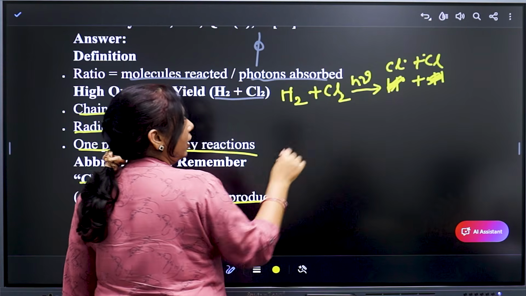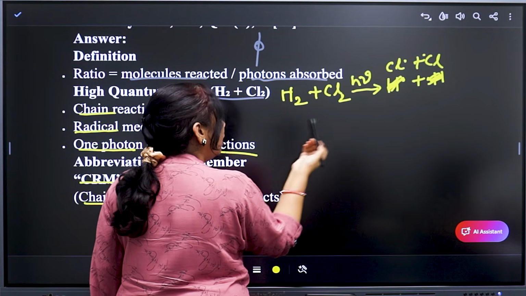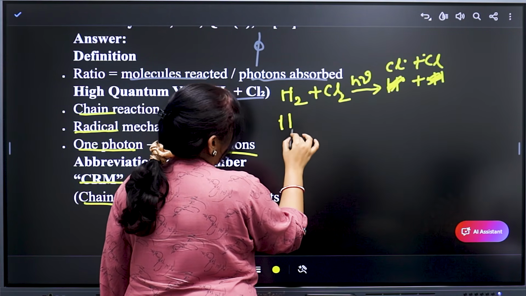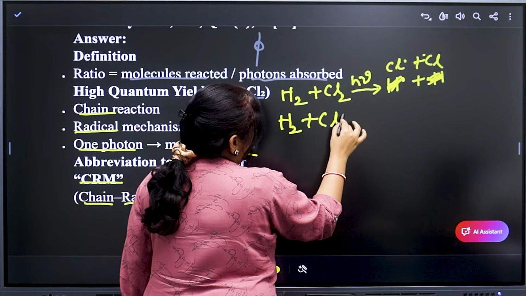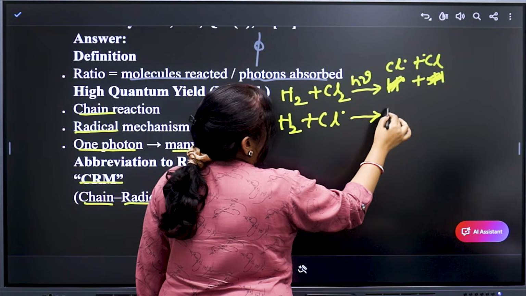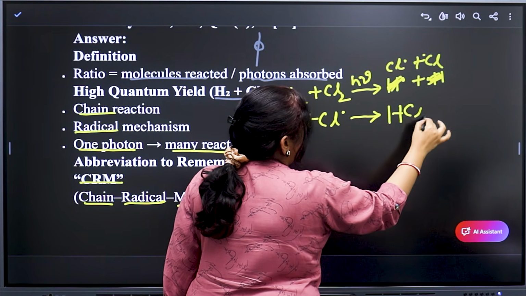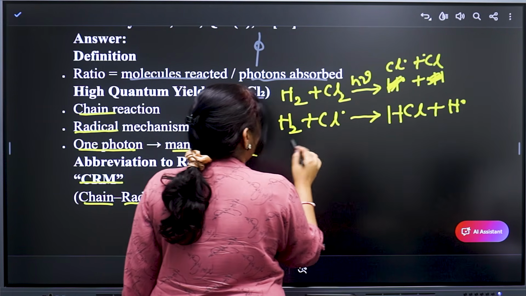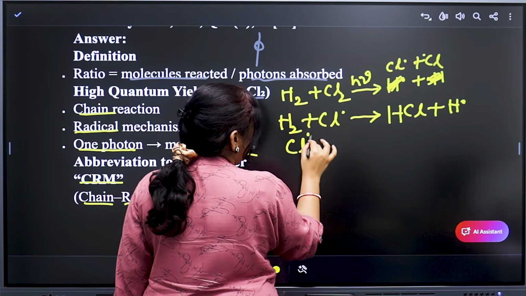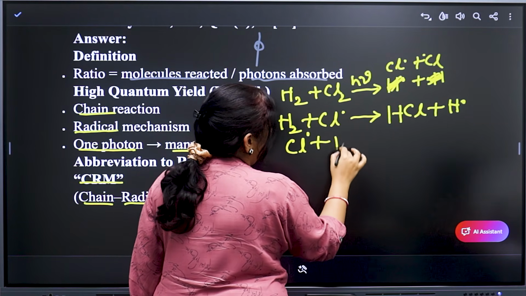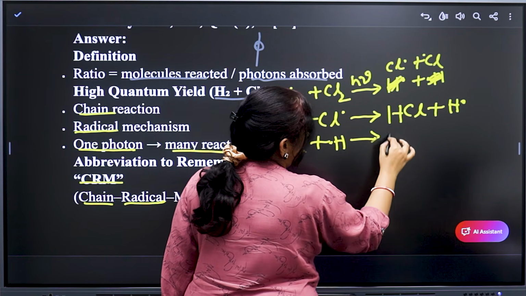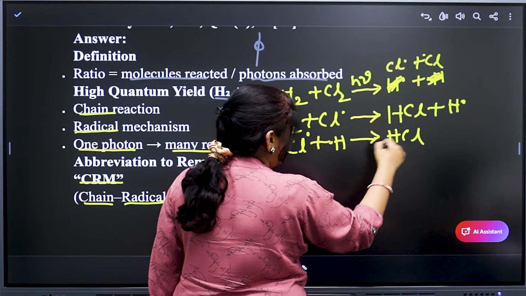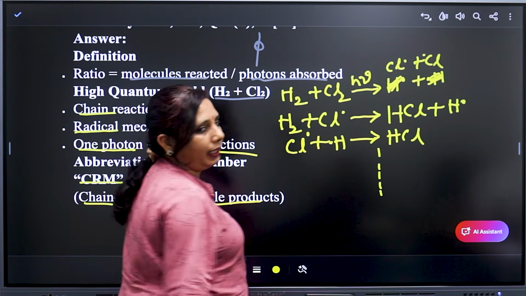After formation of chlorine radicals, one of the radicals will attack a hydrogen molecule. This forms HCl and an H radical. Again, this H radical will react with another chlorine radical already formed to give HCl. Now this second step will repeat so many times.